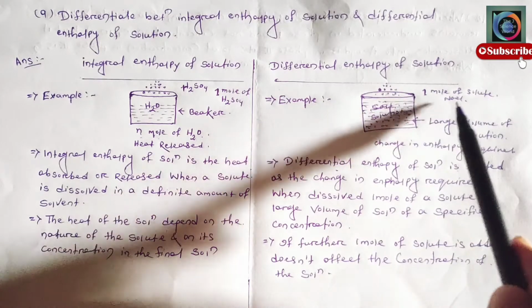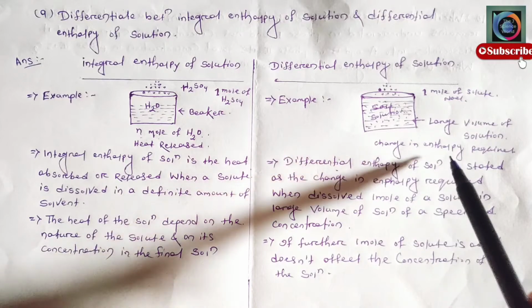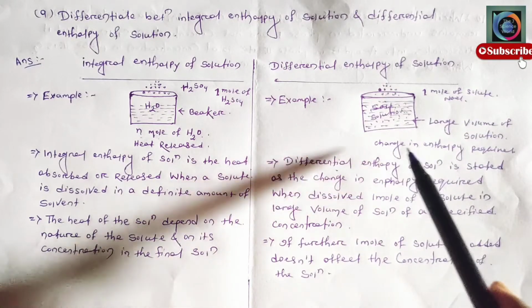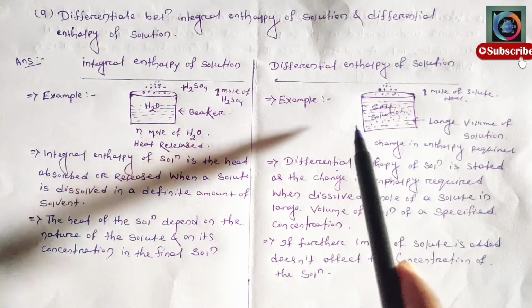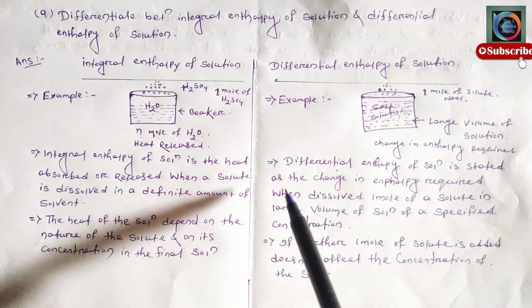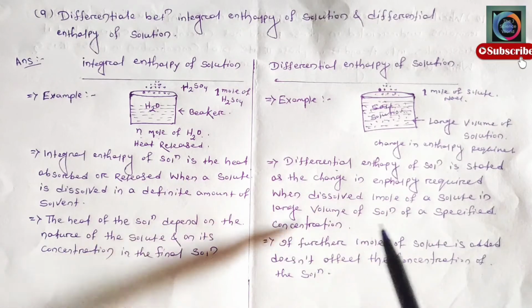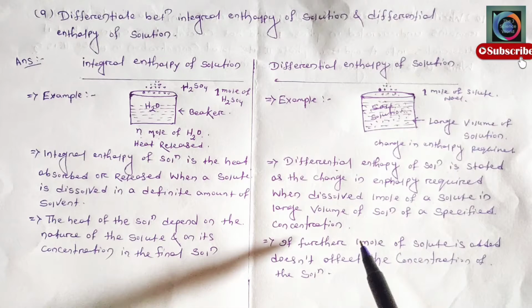When we add 1 mole of solute NaCl in this solution, some enthalpy, some heat is required. So we also express its definition like this: differential enthalpy of solution is stated as the change in enthalpy required when dissolving 1 mole of solute in a large volume of solution of a specified concentration.